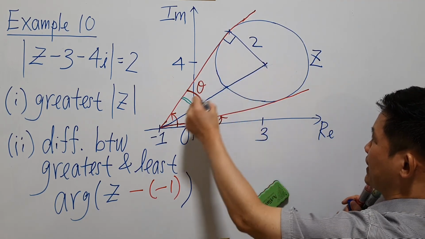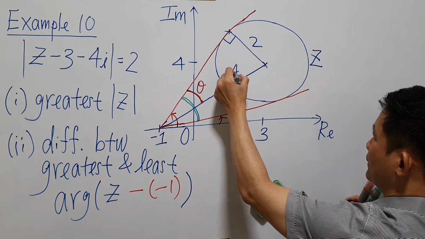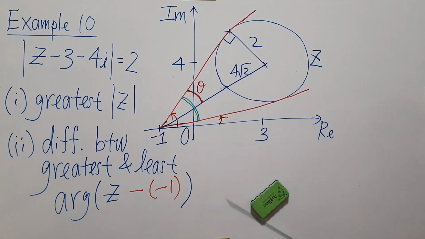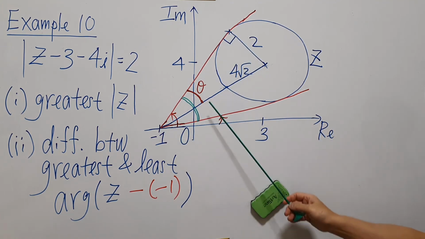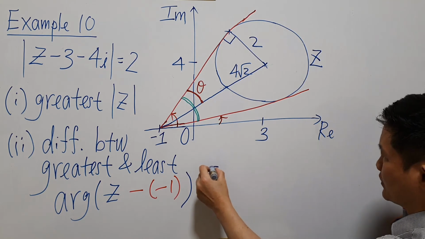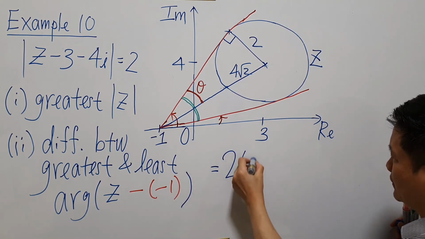This length, remember I just calculated, is 4 root 2, from here to here. So the strategy here is looking at this right angle triangle. Can you see a right angle triangle? Call this angle theta. The green angle that you want to find is actually 2 theta. So the difference between the largest and the least is 2 theta.